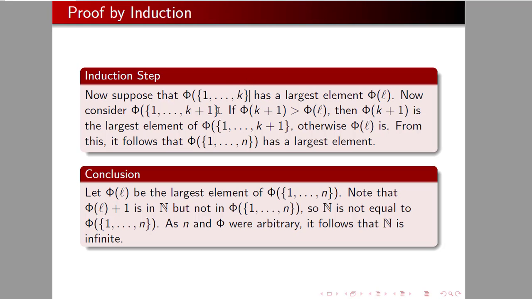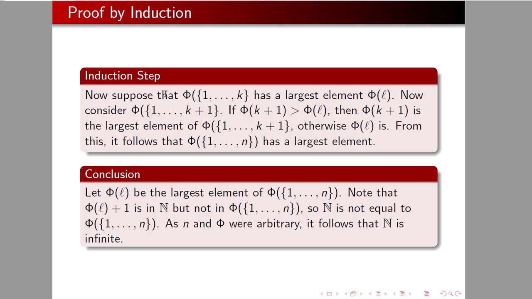Again, I have another typo, I should have a closed paren here as well. So now let's consider the next set. It has one more element than the previous set, and that element is phi of k plus 1. If phi of k plus 1 is bigger than phi of L, then phi of k plus 1 is the largest element of that set. Otherwise, phi of L is. So from this, by induction, it follows that phi of {1 to n} has a largest element.